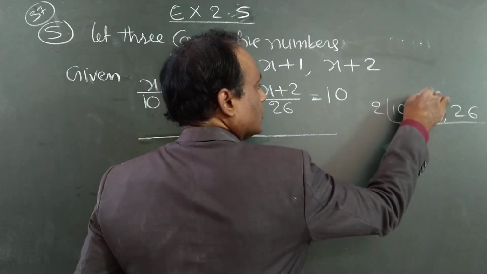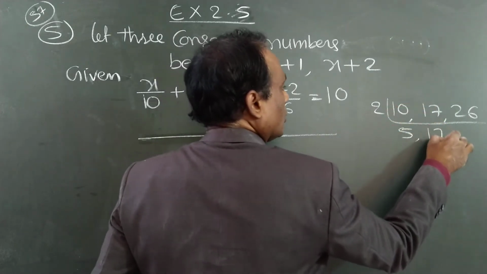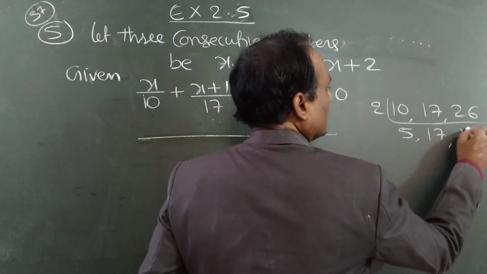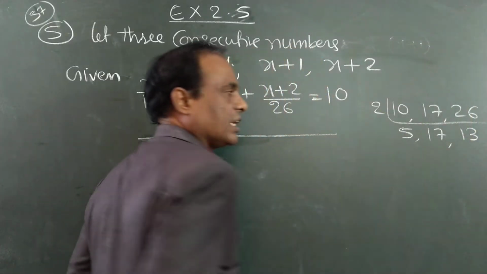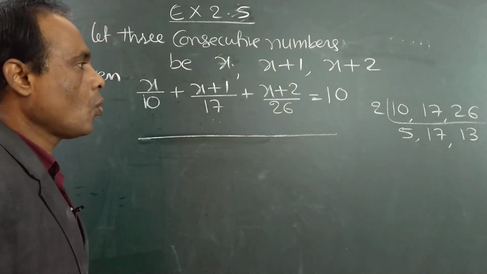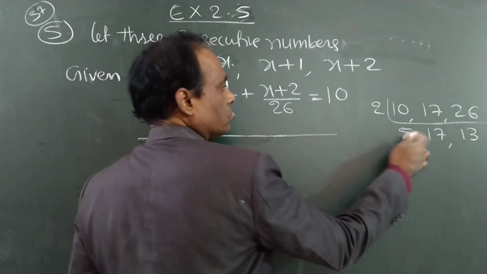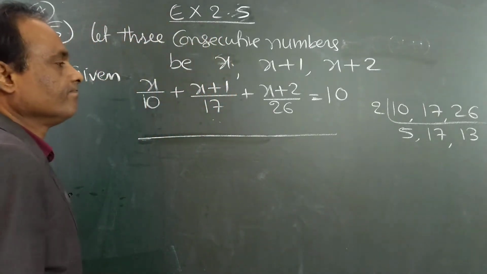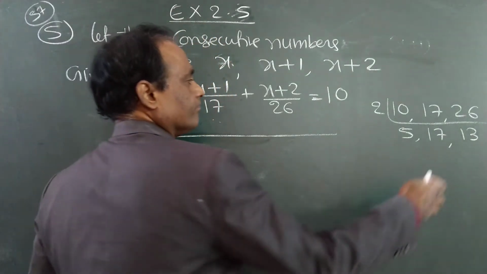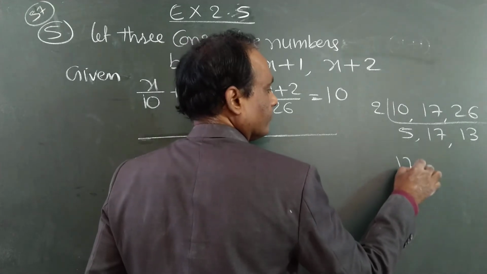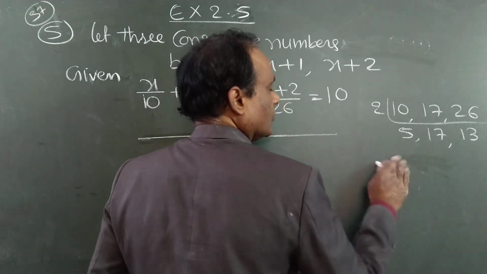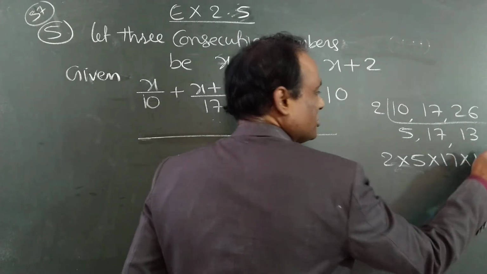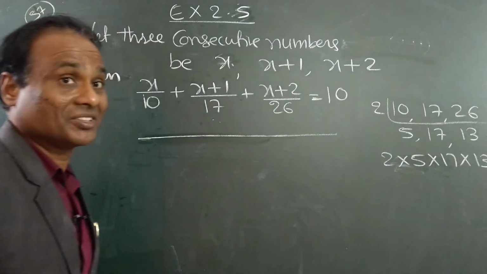Two fives are 10. 17, you can't divide 17. Two 13s are 26. No, same. 2 into 5 into 17 into 13. Very big number we are getting.